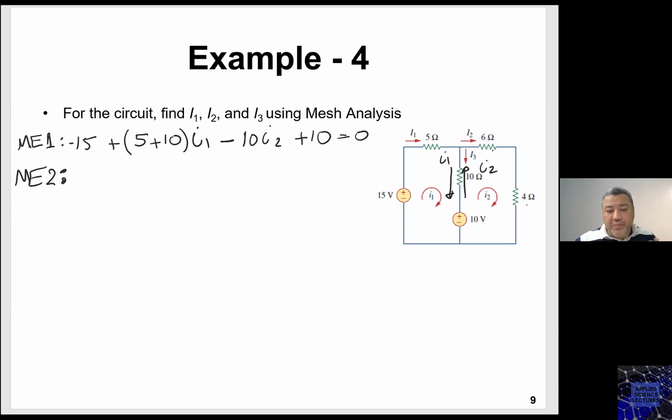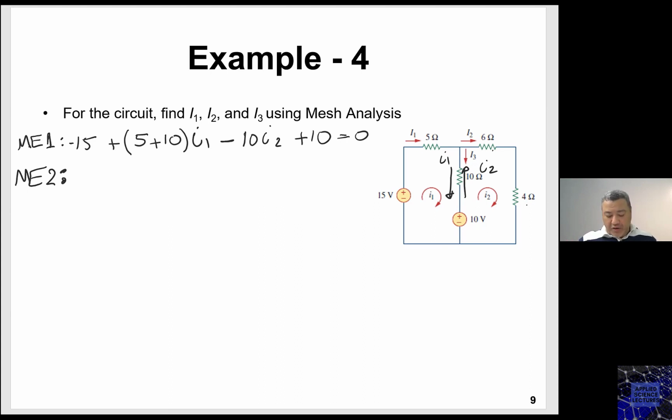So don't mix again between those currents assigned to the branches and your mesh current variables. Those are completely different. We will later on derive the relationship between those capital I's and my mesh currents, but they are not the same.